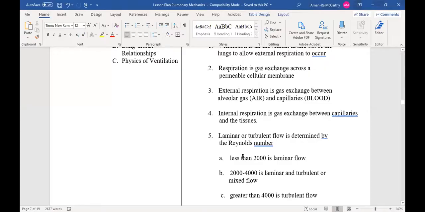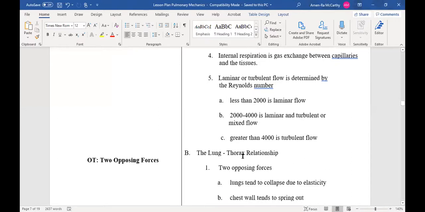Now, how is that determined? The laminar or turbulent flow is determined by something called the Reynolds number. Now, you won't have to know how to come up with the Reynolds number, but you will need to know the basic range. Any flow that has a Reynolds number less than 2,000 is called laminar flow.